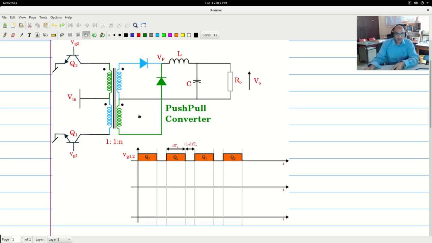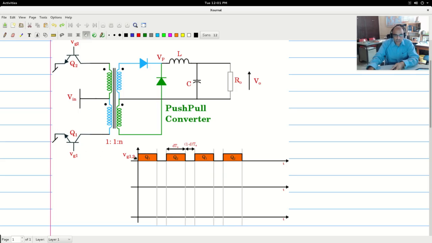We will get a bit more insight if we look at the waveforms. Now to do the waveforms, I have here a template for writing the waveforms. This first line indicates the drive that we are giving to the two switches Q1 and Q2.